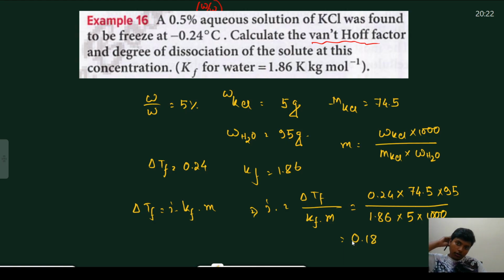Yes or no? Now what do we know? Alpha equals i minus 1 by n minus 1, because KCl will dissociate like NaCl. What is the value of n? 2. So 0.18. Wrong, I think something is wrong with it. So 0.5%.